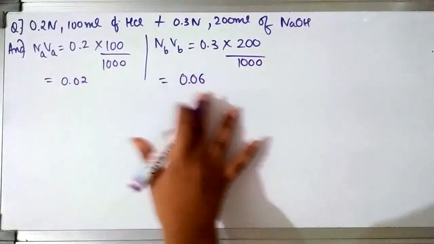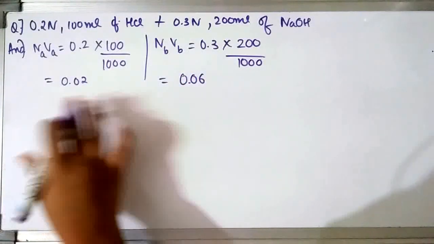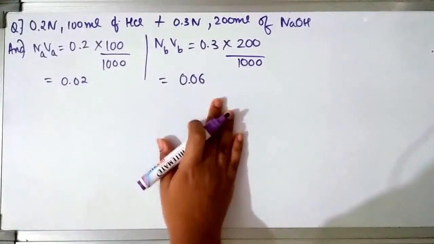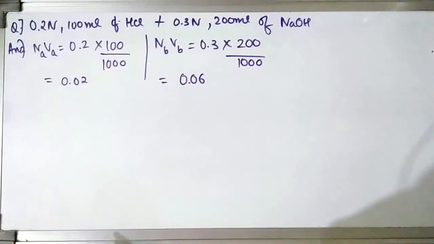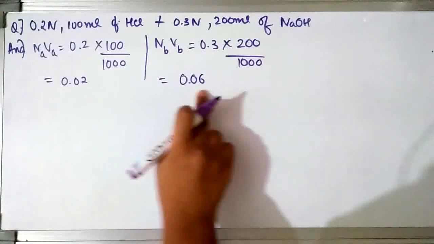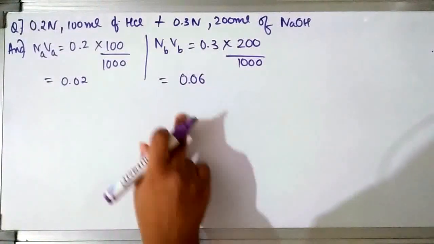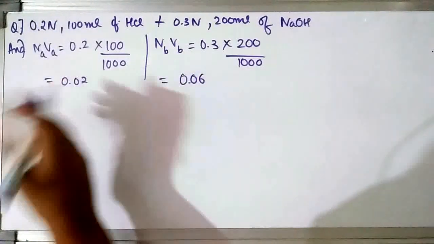So we have got the gram equivalents of both of them. Now when you check over here, the gram equivalent of the base is more than the gram equivalent of the acid, because 0.06 is definitely greater than 0.02, right? So the gram equivalent of your base is greater than the gram equivalent of your acid.